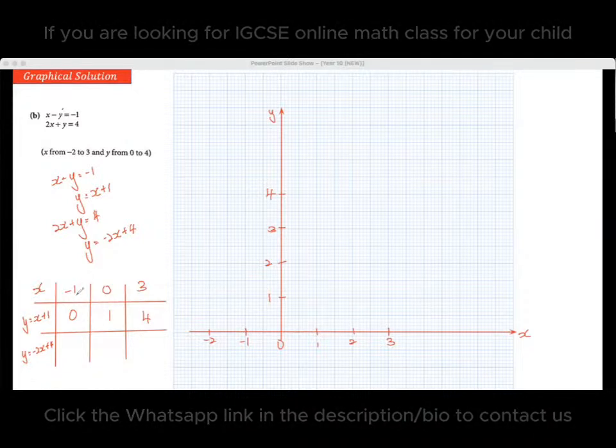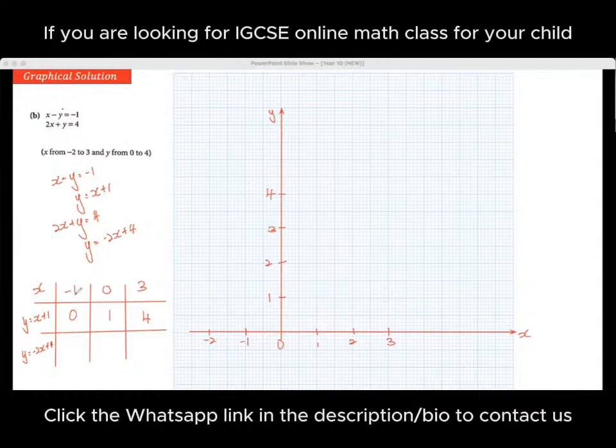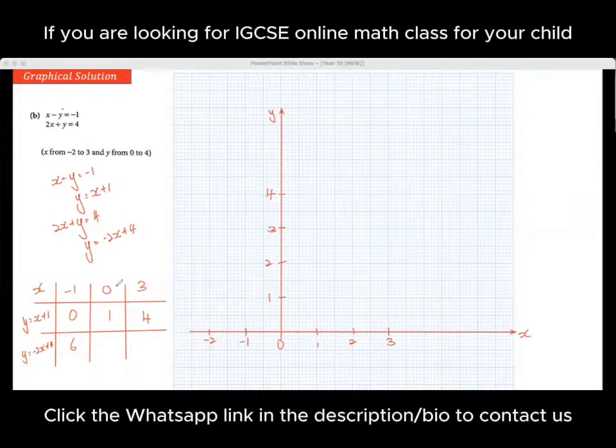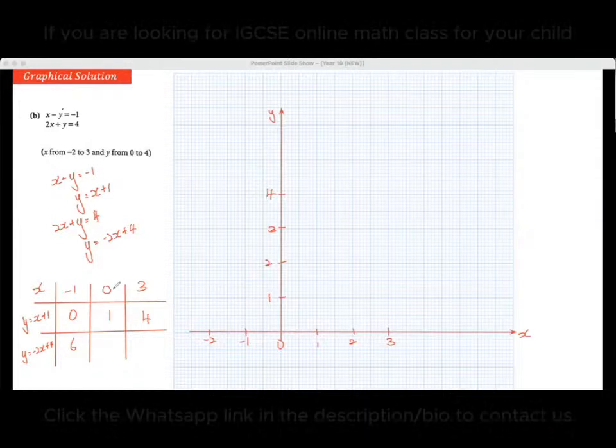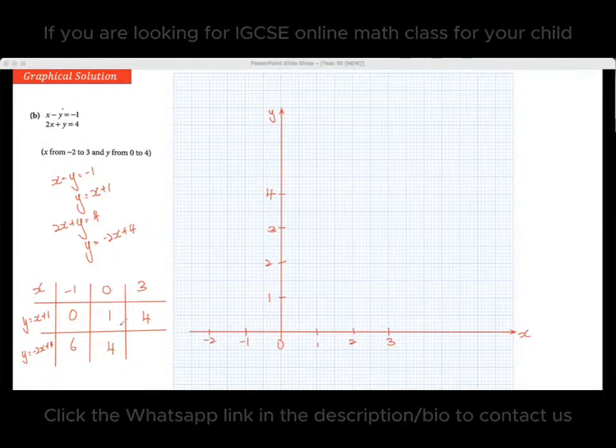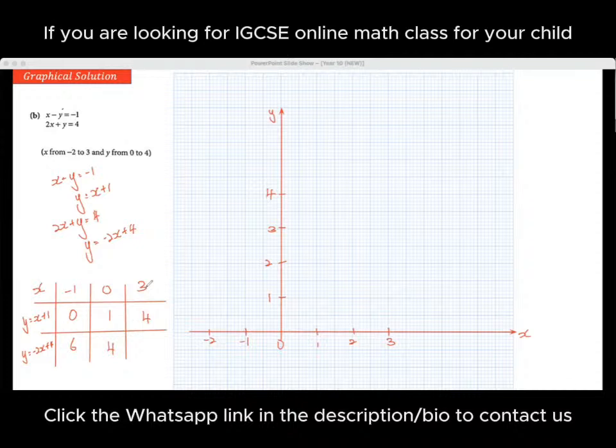When x equals -1, y equals -2 times -1. Sorry, -1 times -2 is 2. 2 plus 4, 6. This is way too big. Never mind. When x equals 0, y equals 4. When x equals 3, y equals -6 plus 4, -2.